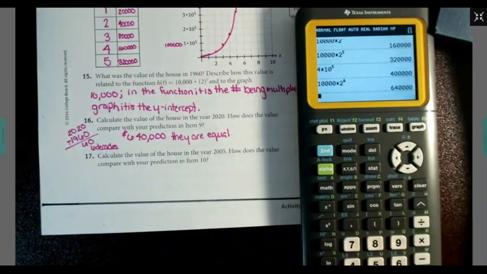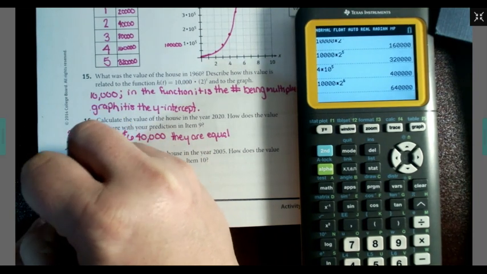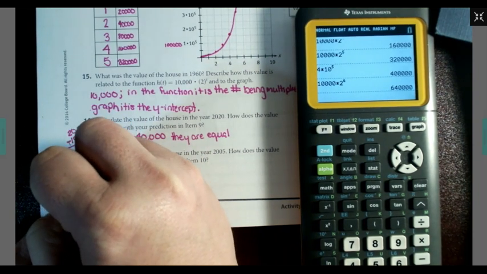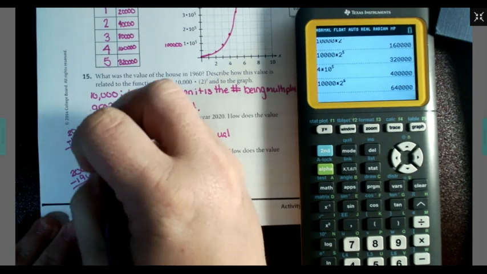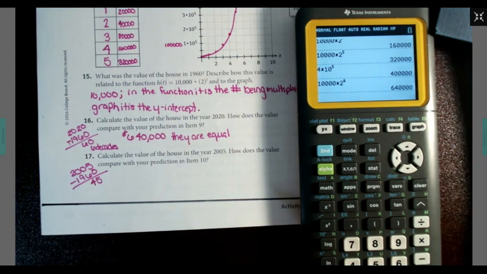All right. Compute the value of the house in the year 2005. And how does this value compare to the prediction in item 10? Okay, well, 2005 minus 1960 is 45 years, which is not quite 4 decades and not quite 5.